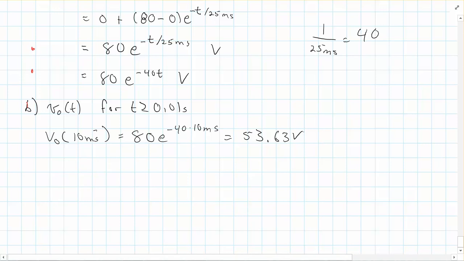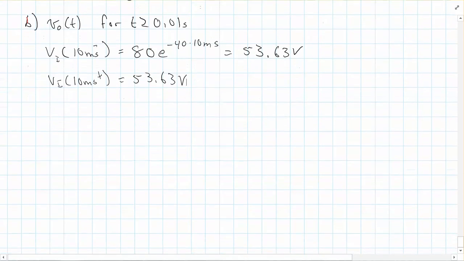So this is my initial value. And so then I also know that the initial value at 10 milliseconds plus is 53.63 volts. Now let's look at what the circuit is.